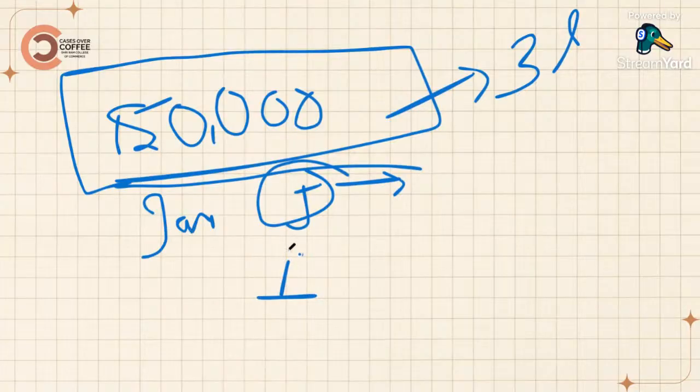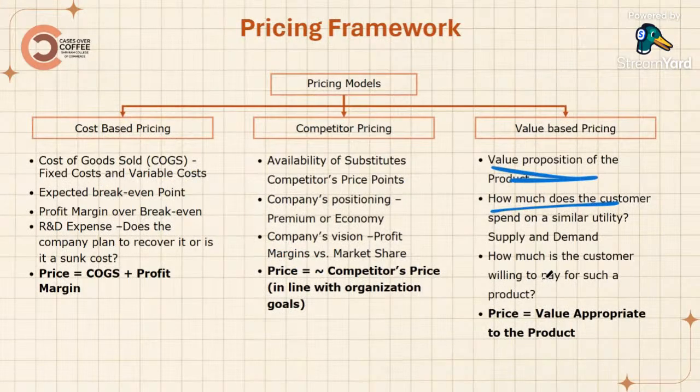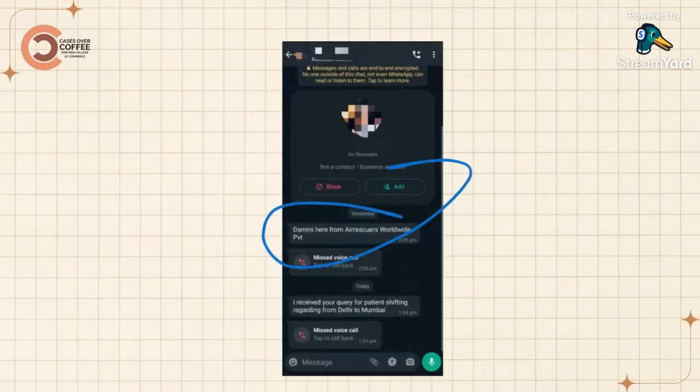So this was a value proposition that they were getting, and they were even ready to pay a premium for the same. So in value-based pricing, we try to understand what is the consumer willingness to pay for a specific product or service. So these are the three things that we take into consideration while we try to price our product.